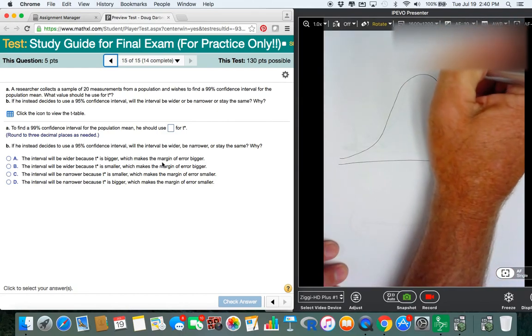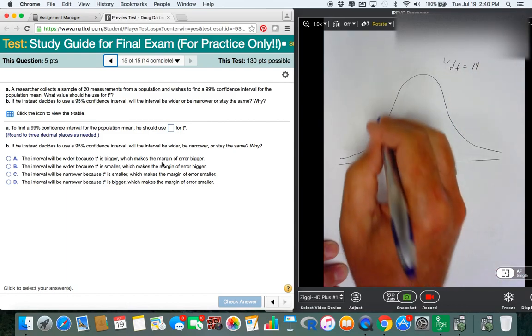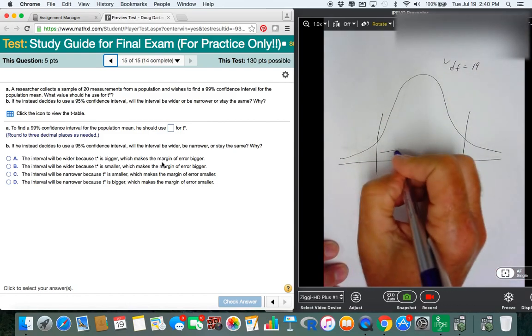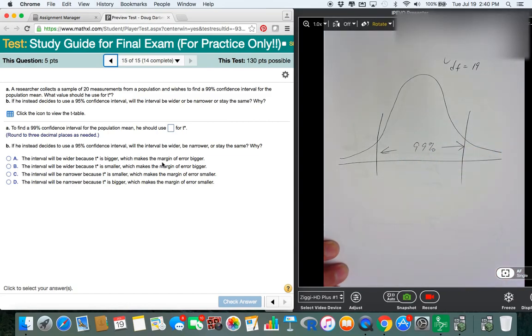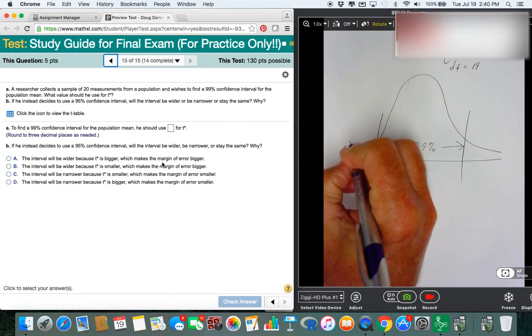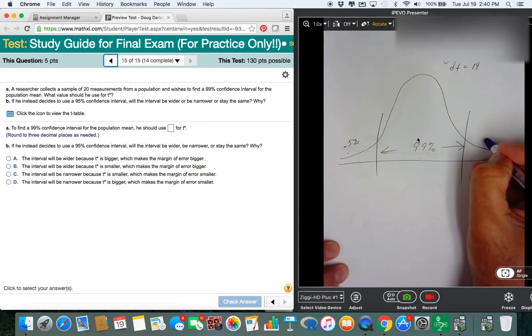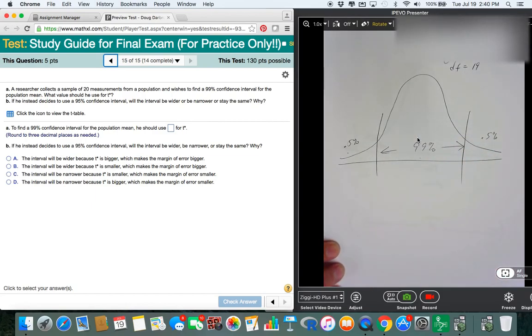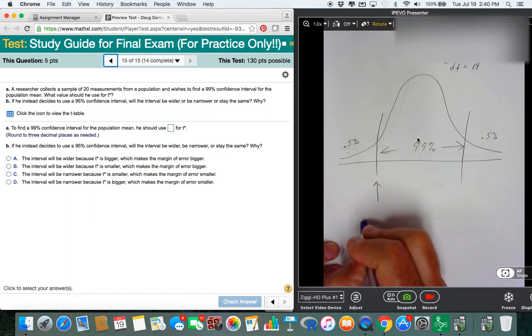It's a t distribution, degrees of freedom 1 less than the sample size. Draw your 2 lines. The confidence level that we want is 99%. How much is missing? 1%. Half of it here, 0.5%, and 0.5%.